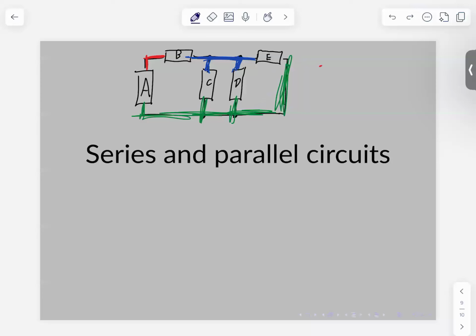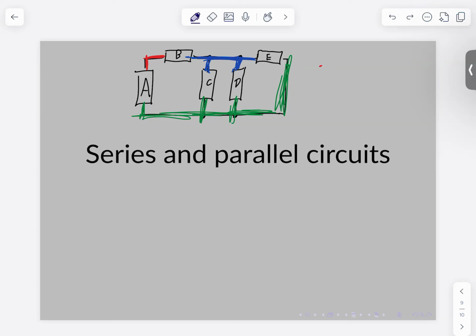Okay, how geometrically lines are drawn has no effect on circuit operation. It's all about what end is connected to what end. If one side of D is connected to one side of E and the other side of D is connected to the other side of E, it doesn't matter how the symbols are arranged, that's still parallel.